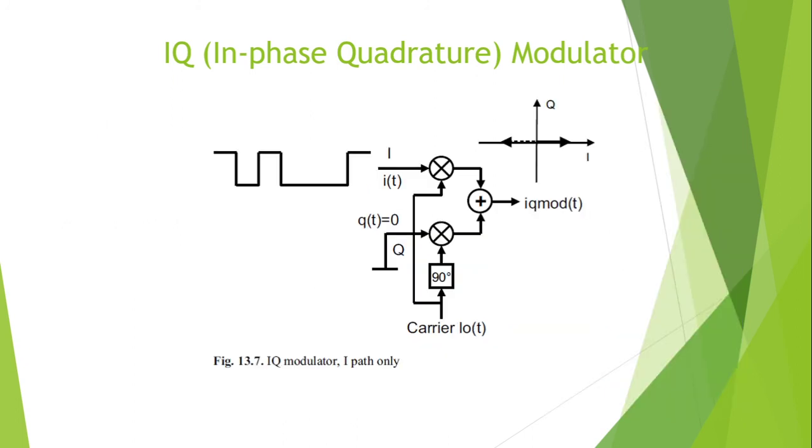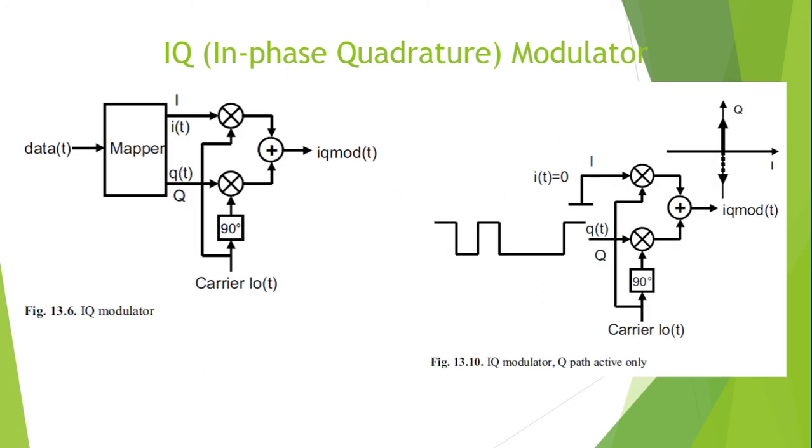Again, a sine signal is obtained for IQ mod of t, but with the phase 90 degree or 270 degree. By varying the amplitude of Q of t, the amplitude of IQ mod of t can be varied. For the vector diagram, this means that the vector changes between 90 degree and 270 degree and varies in length along the Q axis, imaginary axis. Look at figure number 10, right?